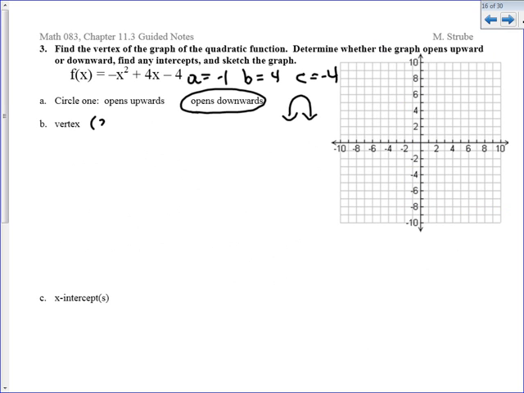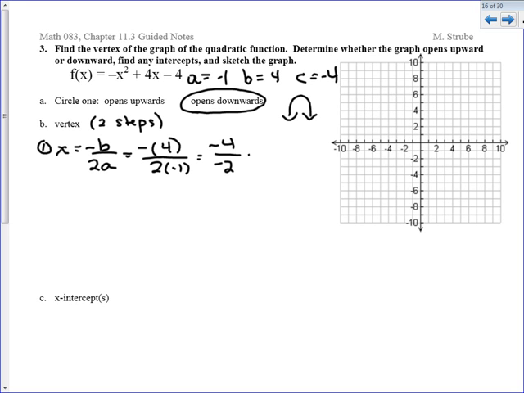Vertex is our 2-step process. First step, use your formula for x: x equals negative b over 2a. It's negative 4 over 2 times negative 1, negative 4 over negative 2, or positive 2. And we're still working on the vertex.